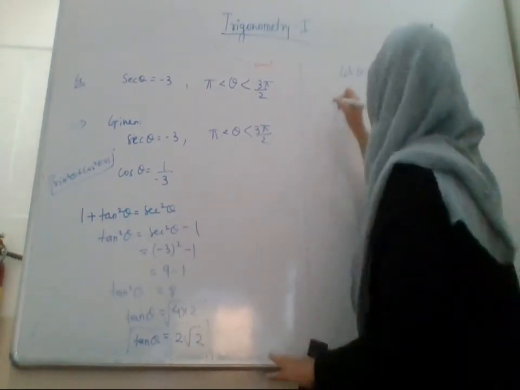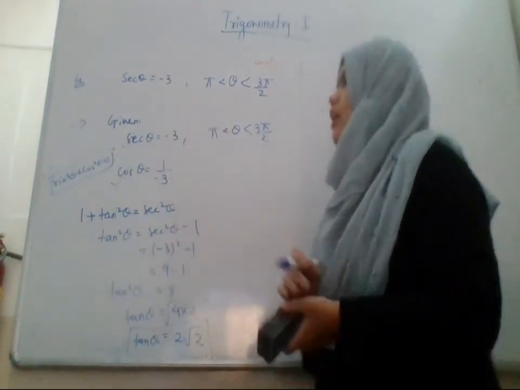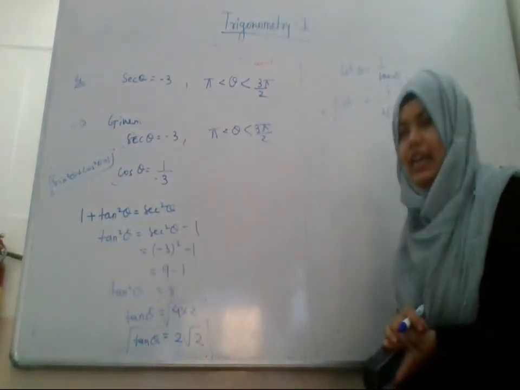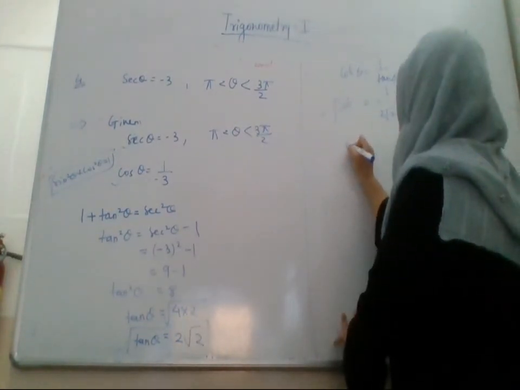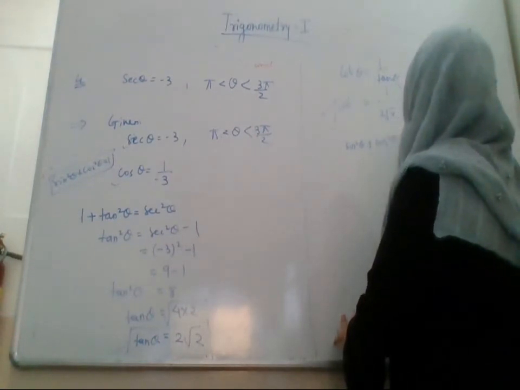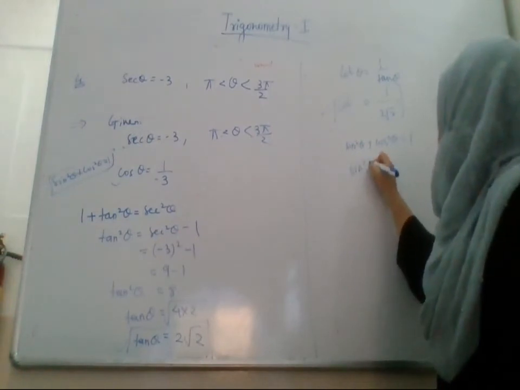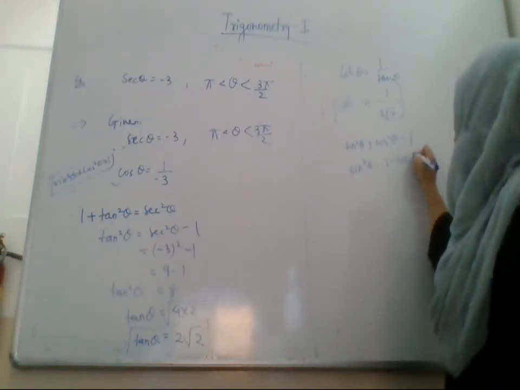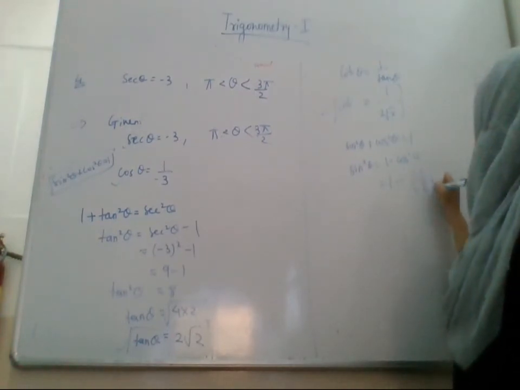So cot is done, tan is done, cos is done, sec is done. Now we need to find out what? Sin and cosec. Okay, so as we have the value of cos and we know that sin square theta plus cos square theta is equal to 1. We have the value for cos. Therefore, sin square theta is what? 1 minus cos square theta. 1 minus, what is cos? It is minus 1 by 3 square.